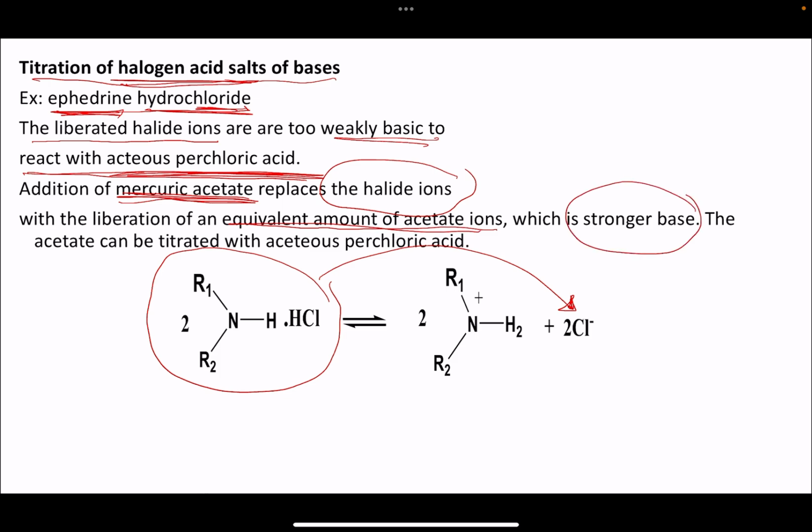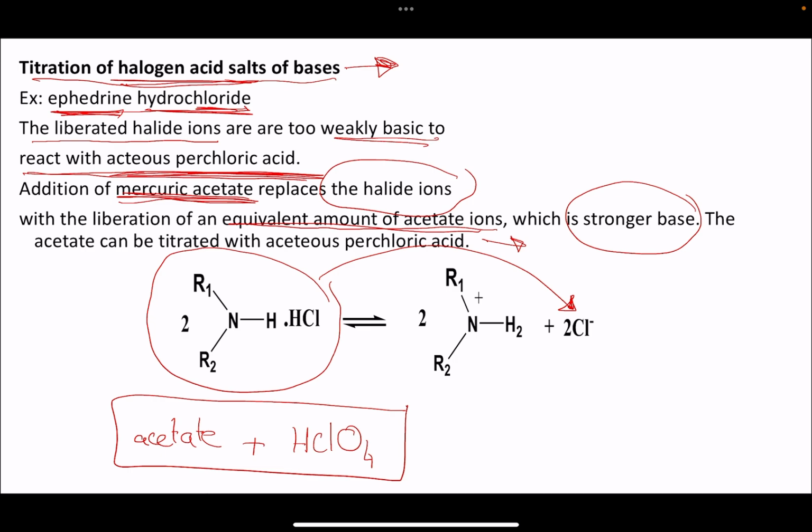The final reaction is not between the ephedrine hydrochloride and the perchloric acid, but actually between acetate and perchloric acid. This is the final titration reaction that takes place, and the reagent used here is mercuric acetate.